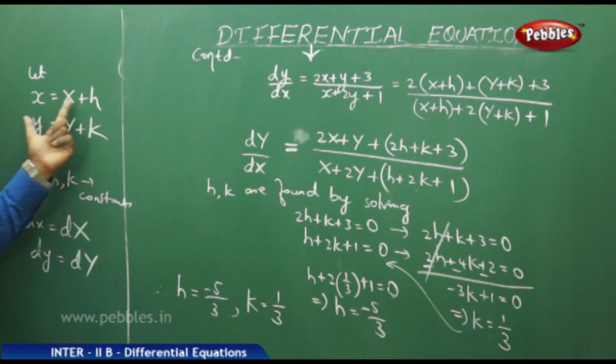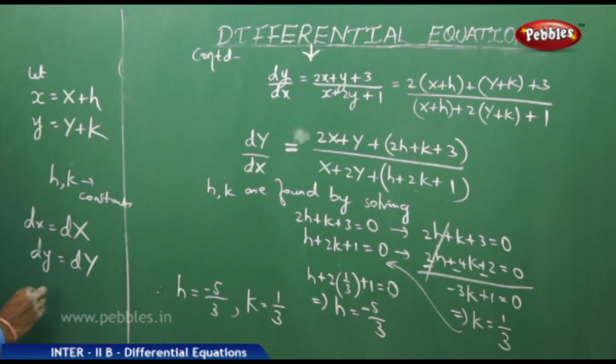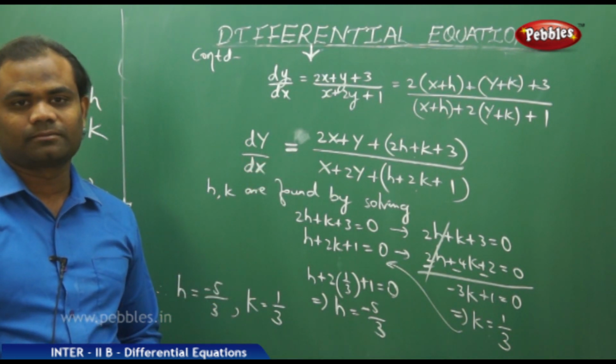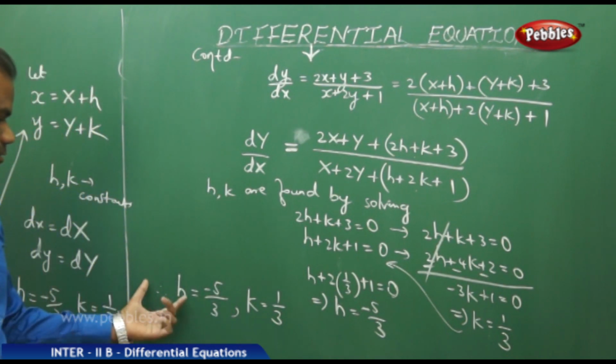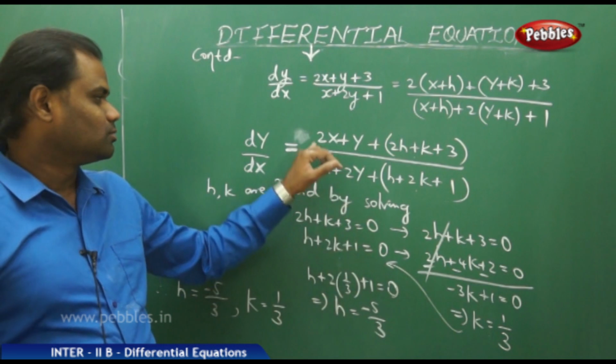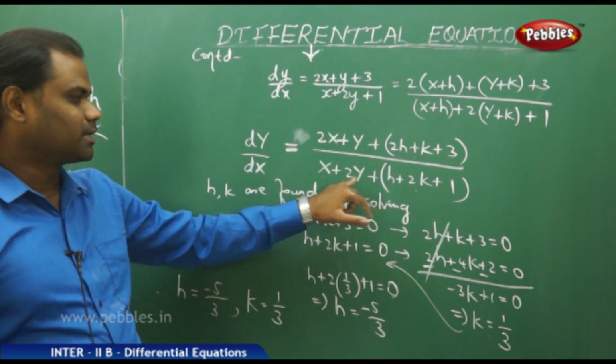Therefore, my x is x plus h and y is y plus k. Using this, I get h is minus 5 by 3 and k is 1 by 3, which I substitute in this after solving the entire differential equation. So with these values of h and k, this differential equation reduces directly to this 2x plus y by x plus 2y.